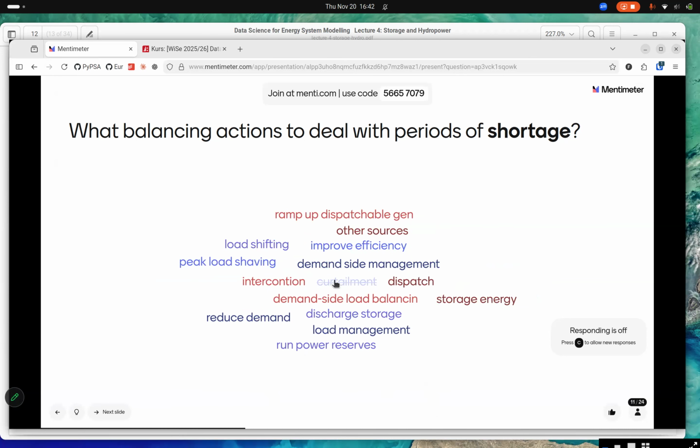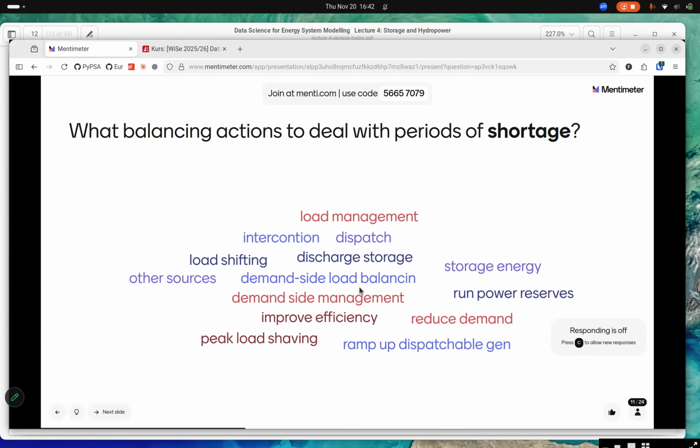Curtailment would be kind of reducing the output of renewables or load curtailment. So that's kind of a load shedding example as well. We could ramp up dispatchable generation, yes.